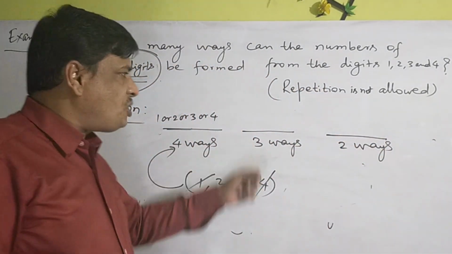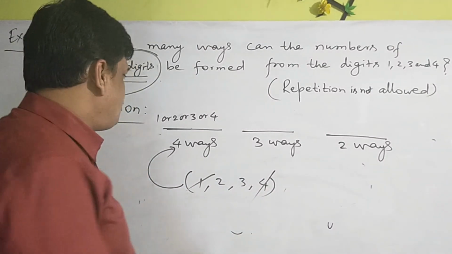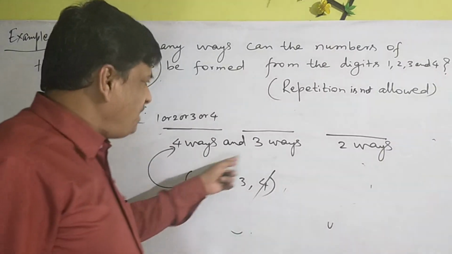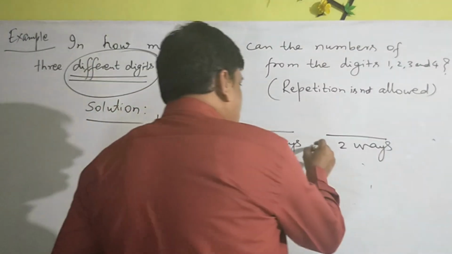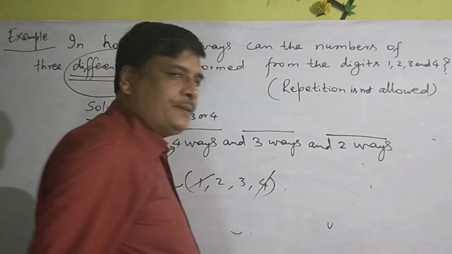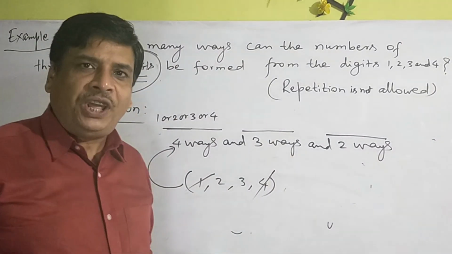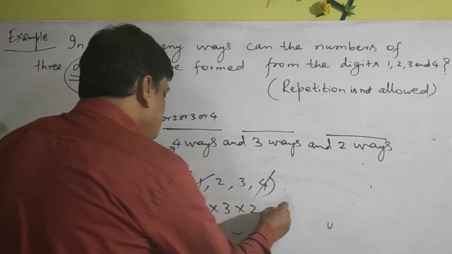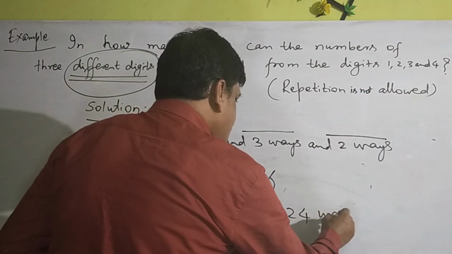To form numbers of 3 different digits, first we fill up the hundreds place, then the tens place and then the units place. By the basic principle of counting, we can also write it like this: 4 into 3 into 2, which is 24 ways.